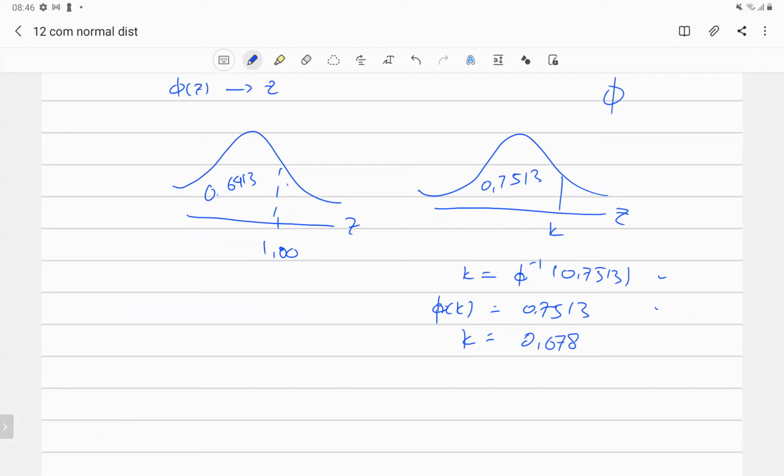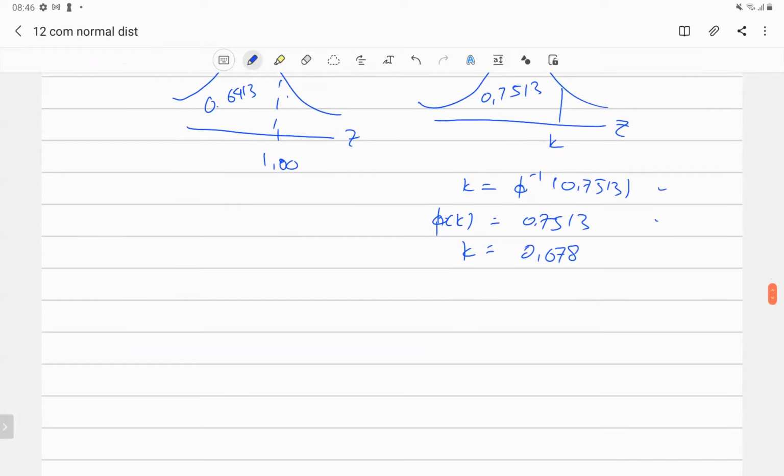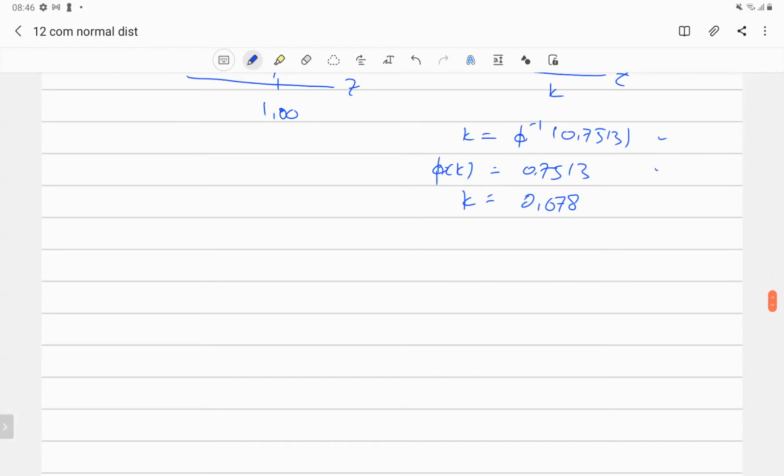If no, then let's see a question where we are going to apply this reverse way of reading. For question number 3, the length of a certain type of white radish is normally distributed.